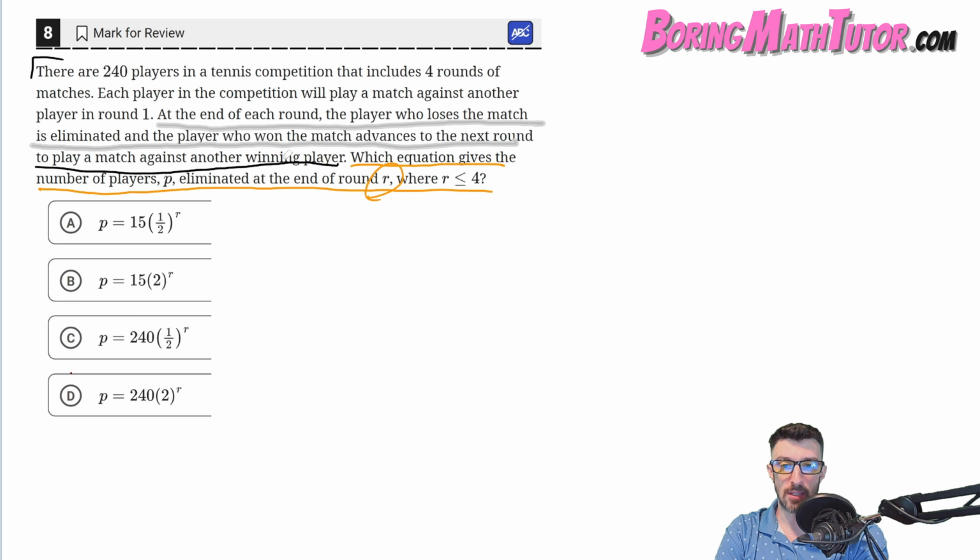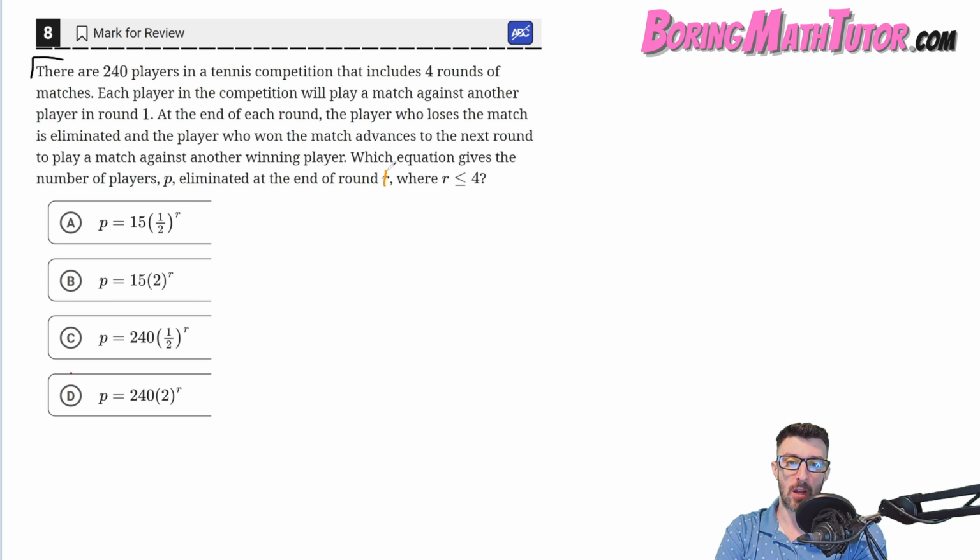But let's get started with just pretending that R is 1. So we're at the end of round 1. But if we start with 240 players, then we're going to have 120 players versus 120 players.